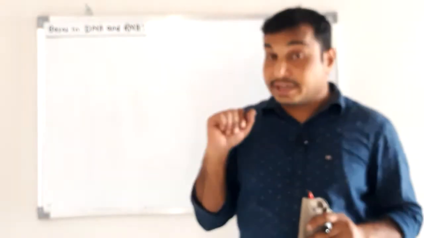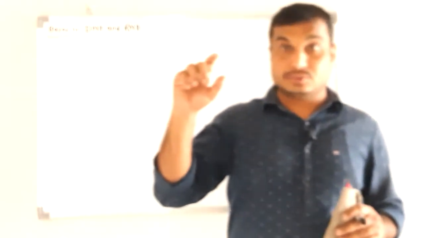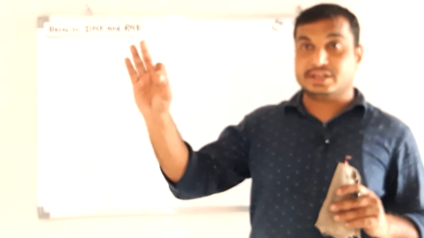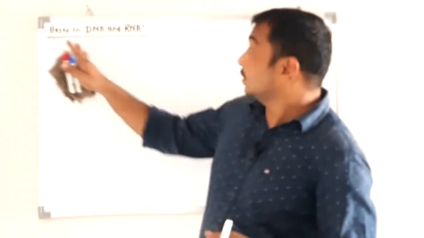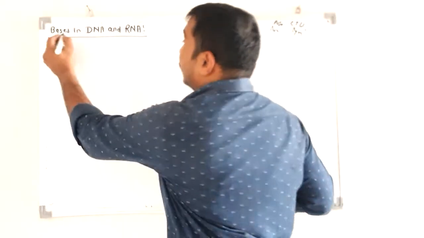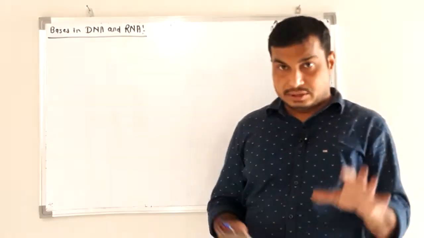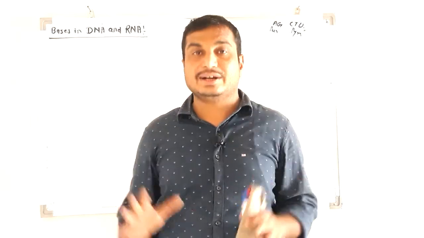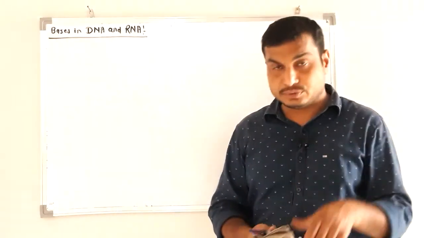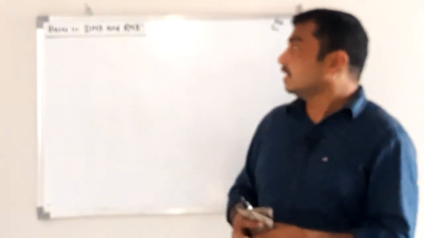Now the second part, which is an important component of DNA and RNA, is the heterocyclic bases present in DNA and RNA. After complete hydrolysis of nucleic acid, it is found that DNA as well as RNA contain two types of heterocyclic bases.